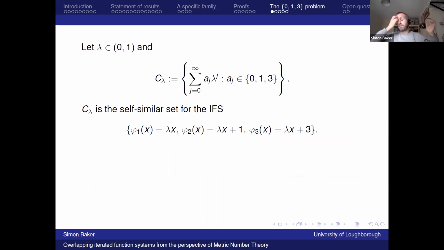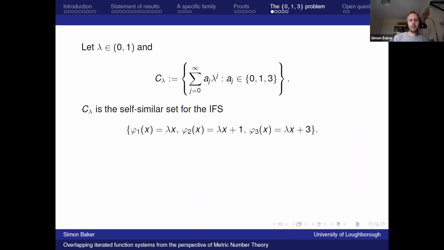Now I want to come back to this third question I mentioned at the start, which asks: does this approach tell you anything new about existing work? I want to talk about a problem called the 013 problem. This problem is concerned with this set here, this set C lambda, which looks a little bit like the middle third Cantor set. You take a lambda between 1/2 and 1, and then you look at all power series with coefficients 0, 1, and 3 evaluated at lambda.